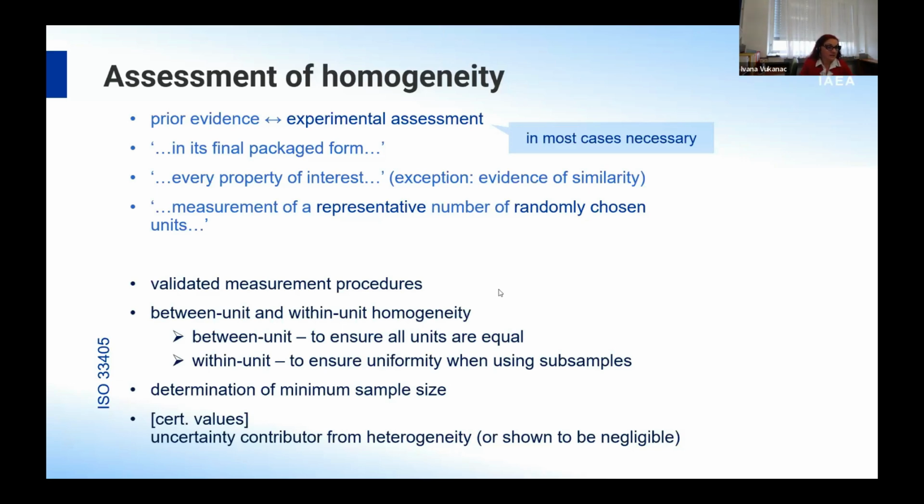Then homogeneity needs to be assessed for every property of interest, meaning that if we are planning to certify, let's say, lead-210 and cesium-137, then homogeneity needs to be assessed for each radionuclide. Then we need to measure a representative number of randomly selected units.